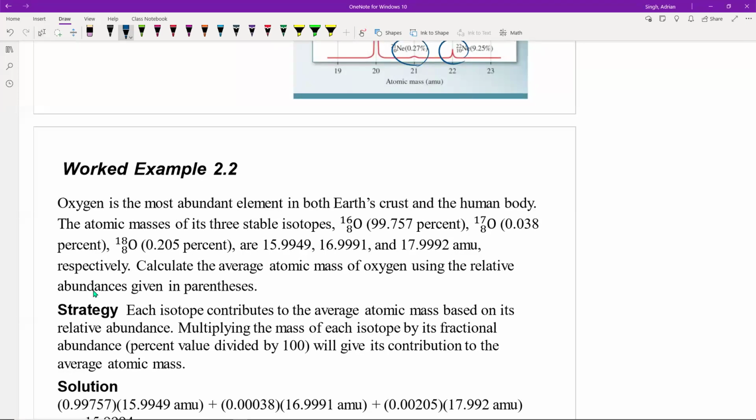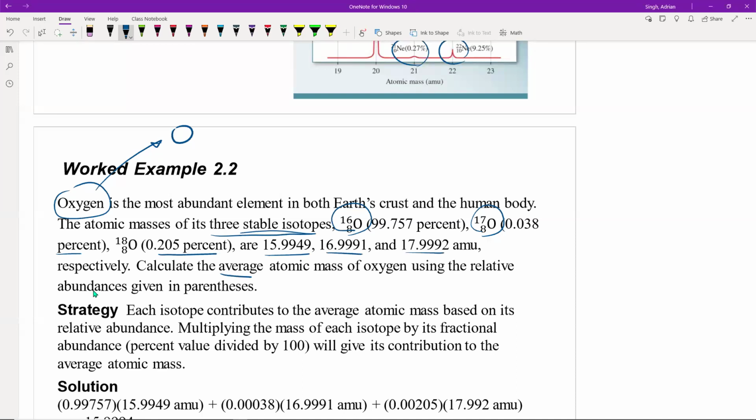We're told here that oxygen, the most abundant element in the crust and in the human body, has three stable isotopes. We have oxygen 16 occurring 99.75% of the time, oxygen 17 occurring a small percent of the time, and oxygen 18 a small percent of the time as well. And these are the masses associated with each of these isotopes.